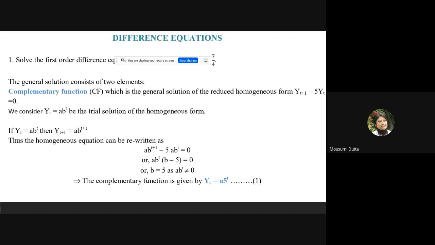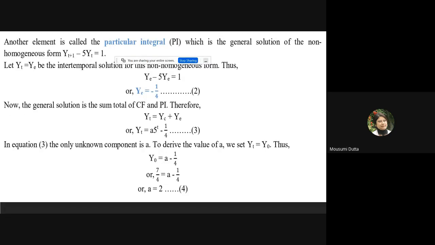Apart from this, I have to derive a complementary function. This complementary function part is very, very crucial here because complementary function consists of two unknown parameters to begin with, A and B. These two parameters have immense role to derive or to understand the nature of the time path we are considering.